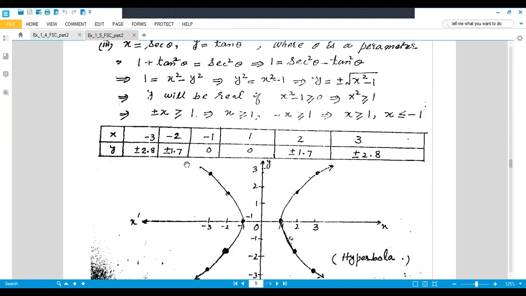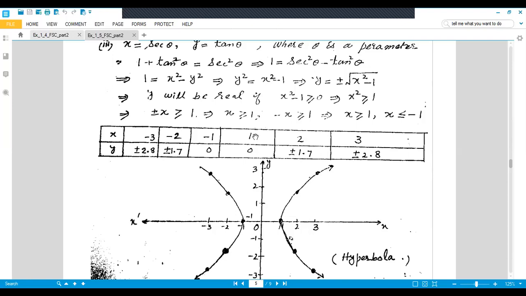For minus 2, plus minus 1.7 means for minus 2, positive 1.7 after 1, 7 small boxes, and for negative 1.7 after minus 1, 7 small boxes, you put this point. For minus 1, you have 0, so you put 0 here. When you join it, you will get this.